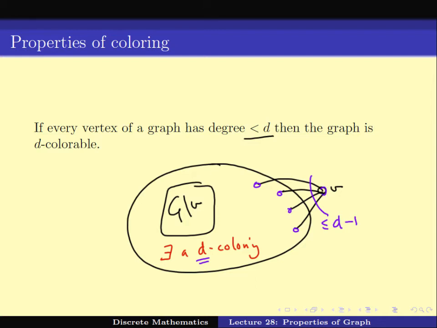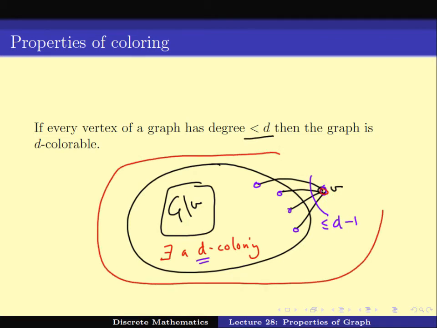I can use it to color vertex V, and hence I get a coloring of this whole graph. So if all the vertices of a graph have degree less than d, then the graph is d-colorable.